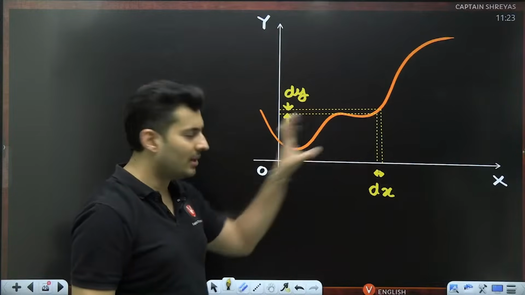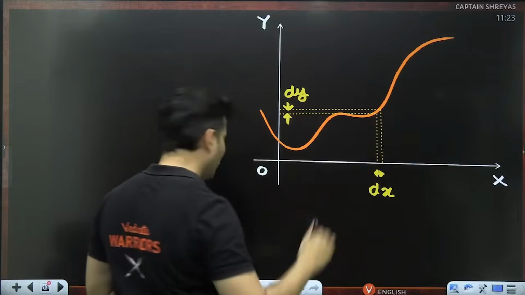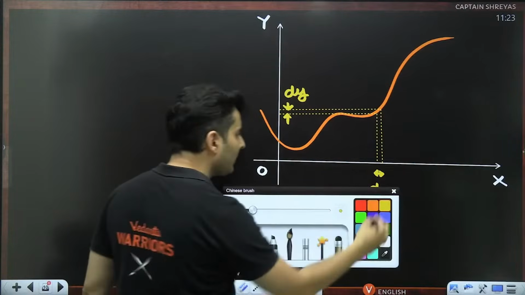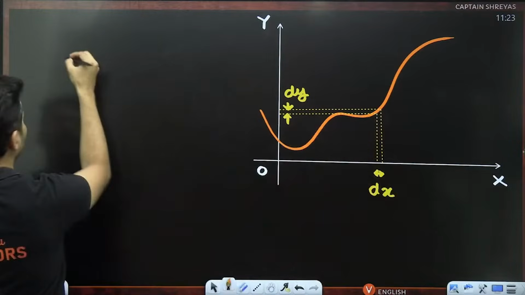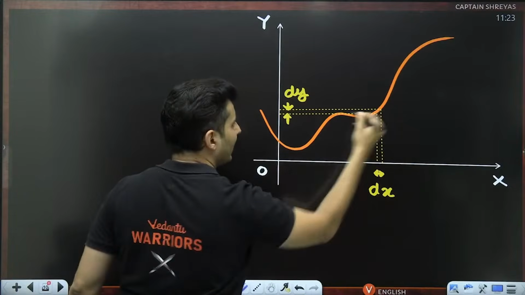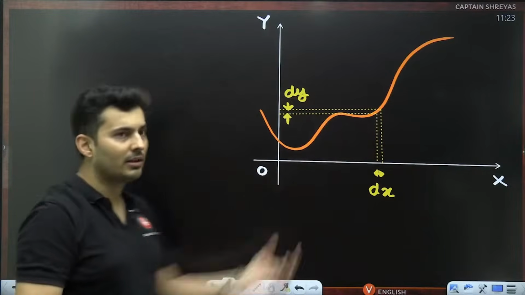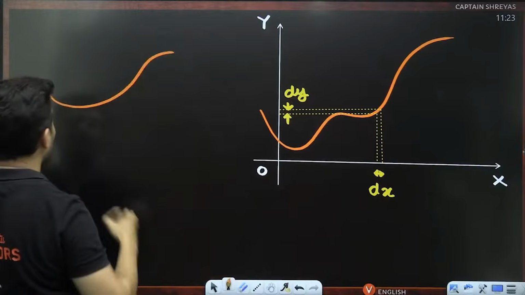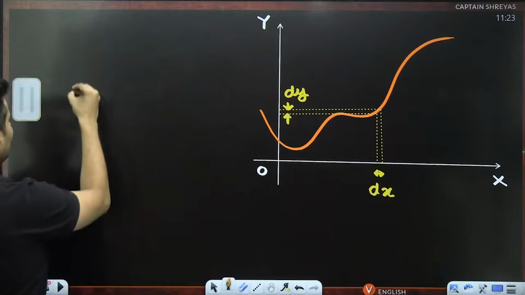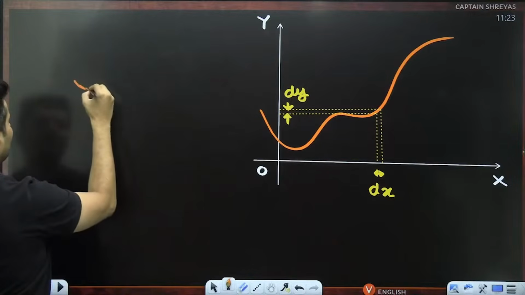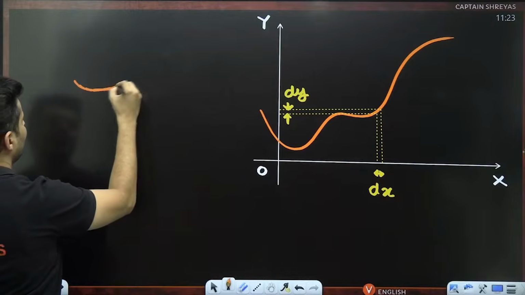If you zoom onto it heavily, you will see that the curve is actually a straight line, because you have taken a small part of the curve. Any curve is made up of small straight lines.